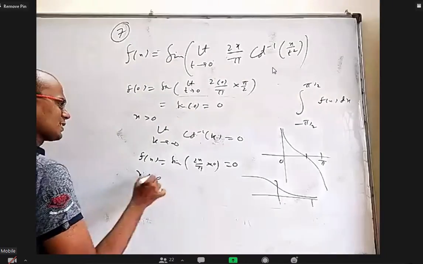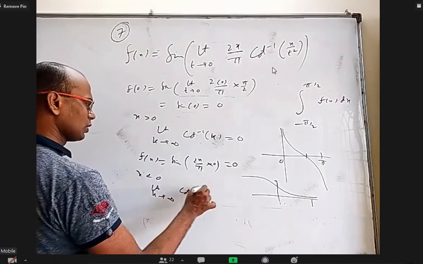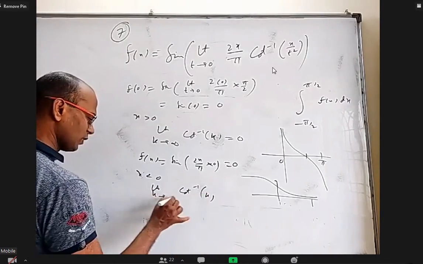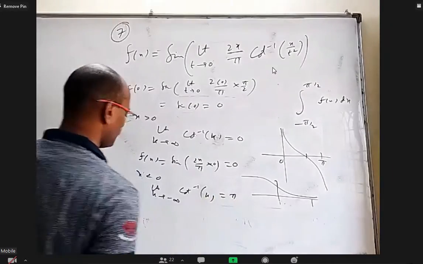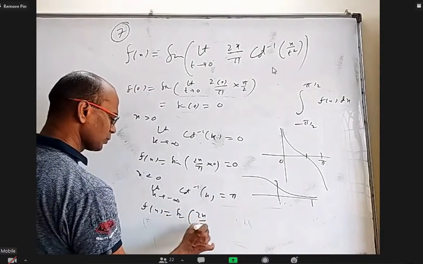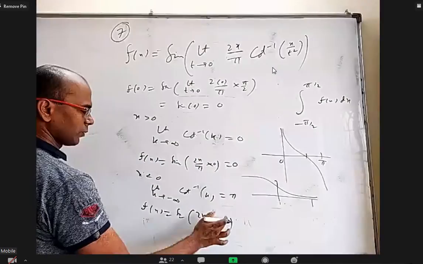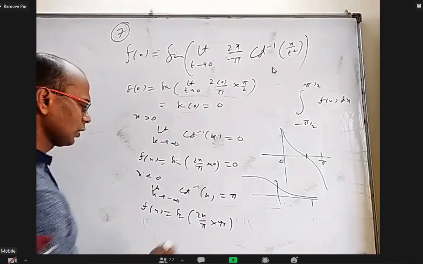And when x is less than 0, we know first of all limit k tends to minus infinity, cot inverse k will be pi. Then at that time f of x is sine 2x by pi, and this will become pi because it is becoming minus infinity. So it will become sine 2x.